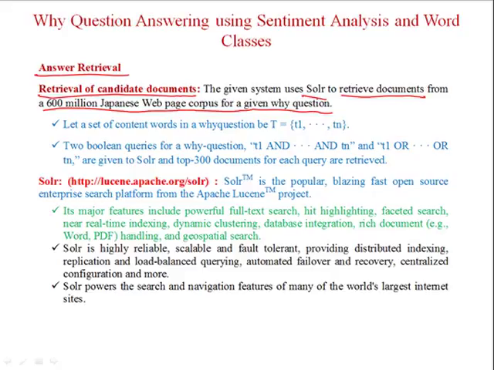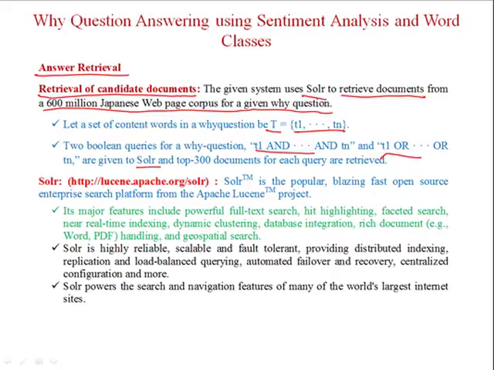For that, suppose we have a set of words like cancer, occur, why. It represents them as a set of words, and then applies two types of Boolean queries, for example, an AND based Boolean query and an OR based Boolean query, and then applies Solr.